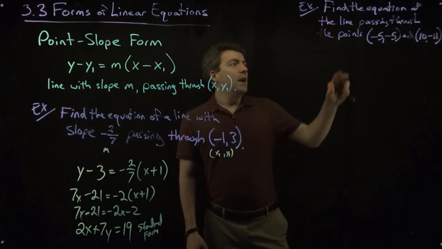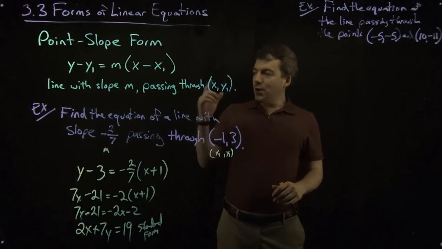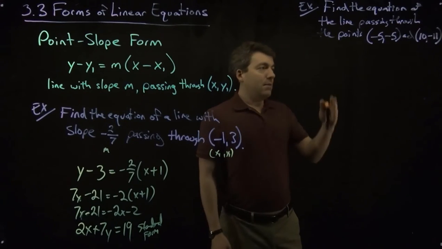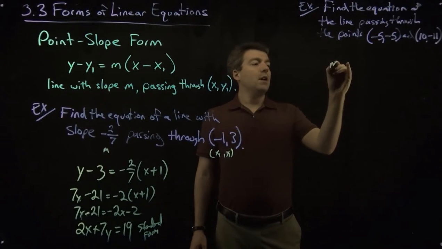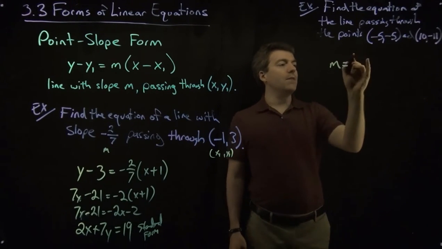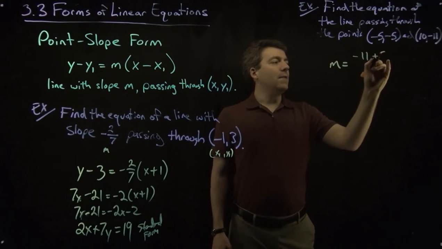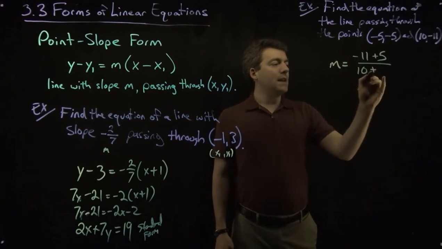All right, so to create the equation of the line here, we need the slope. Right? But we know how to find the slope given 2 points. The slope is just the change in the y over the change in the x, the difference in the y coordinates, so negative 11 minus a negative 5 over 10 minus a negative 5.